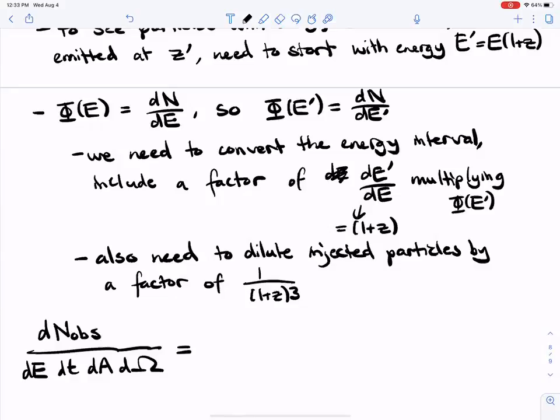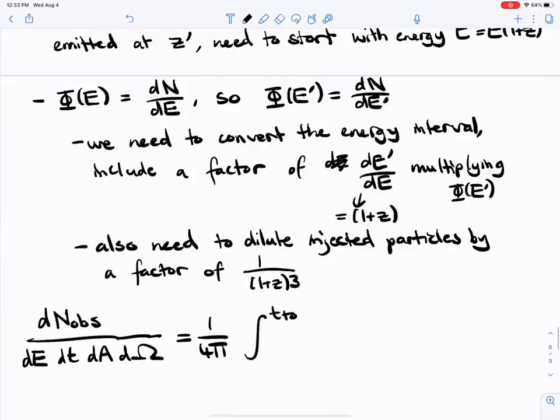We can replace the integral over R with an integral over dt, and then replace that with an integral over redshift. So we integrate from the time of emission to the time today. I'm putting in the c dt just to be clear, but we're working in natural units, of course, so this is just one.